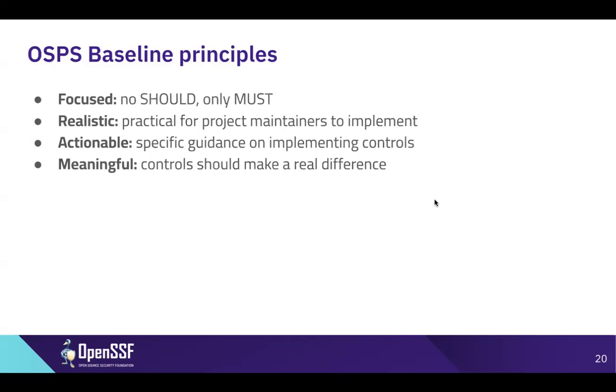It needs to be actionable. We want to give specific guidance on what to do. So each control tells you, do this. Now it's not click here and then type this in, because that doesn't scale to all the different combinations of tooling that people might use. But we don't want to be giving maintainers homework projects, right?